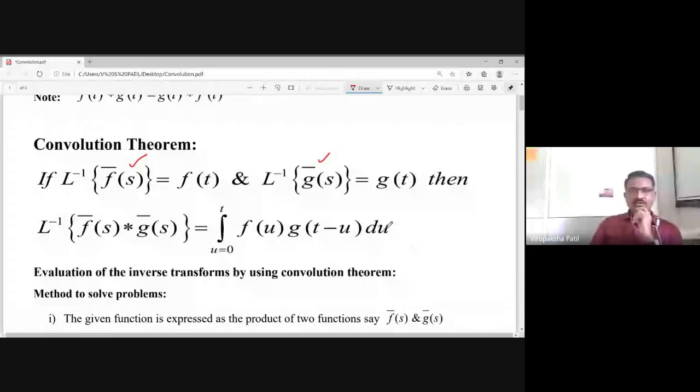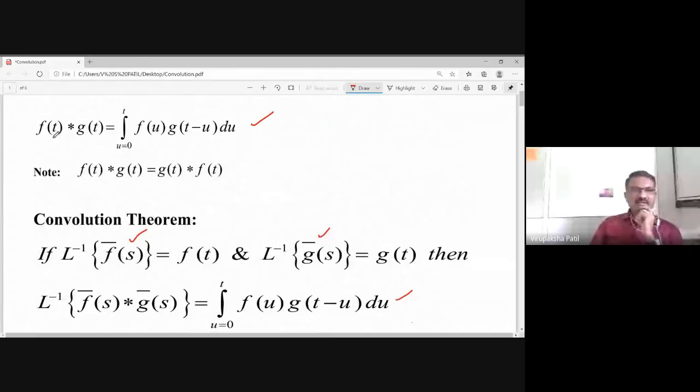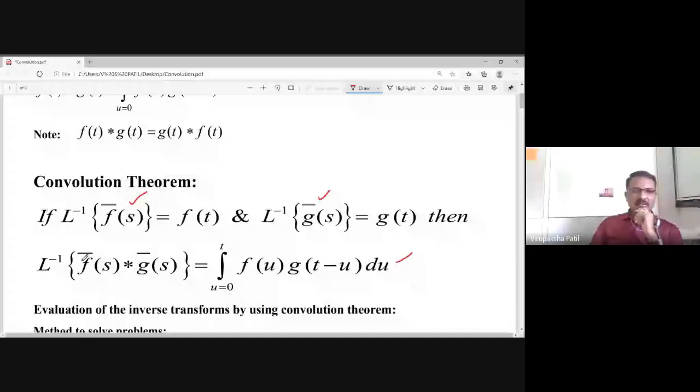See, this and this are one and the same, because f of t is L inverse of f bar s, and g of t is L inverse of g bar s. L inverse is taken outside and applied to the product. Usually, by the linearity property, L of f of t into g of t, you cannot apply the L operator separately as L of f of t into L of g of t.